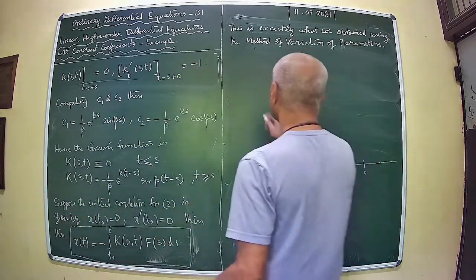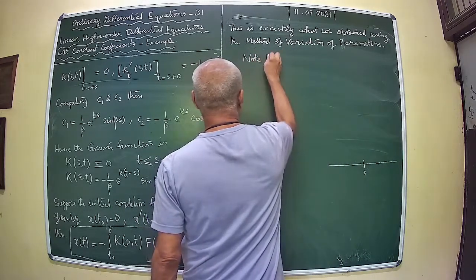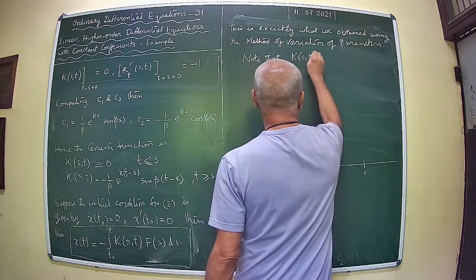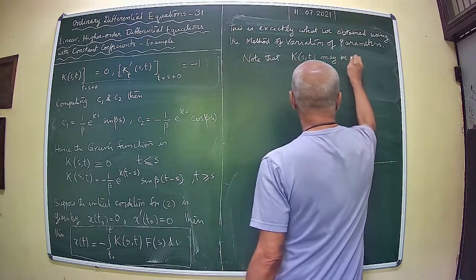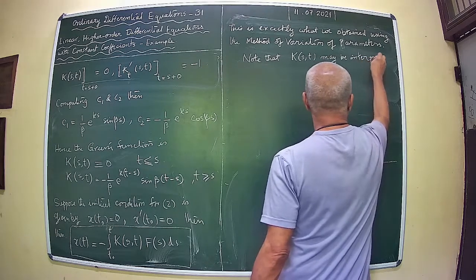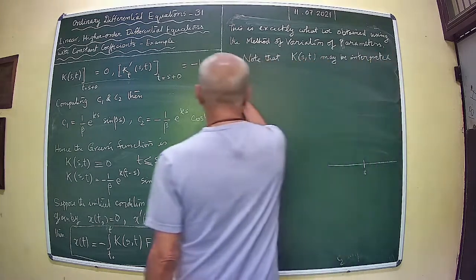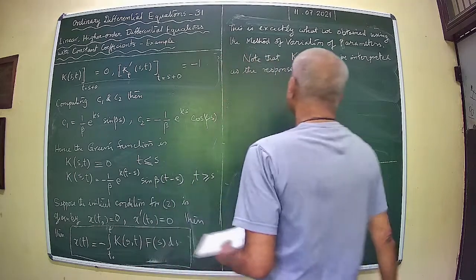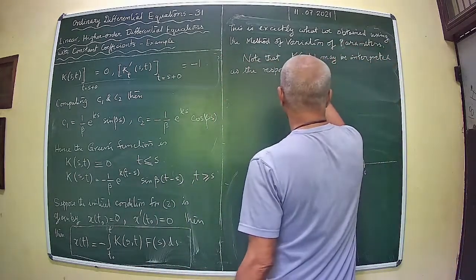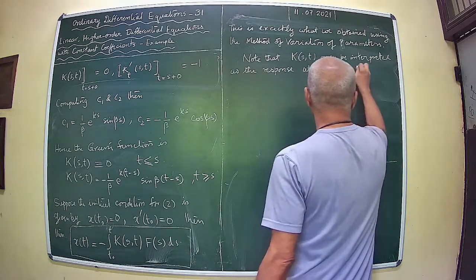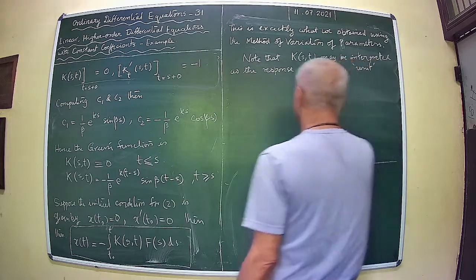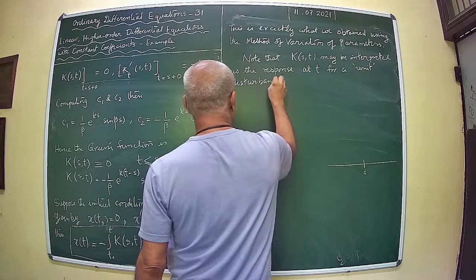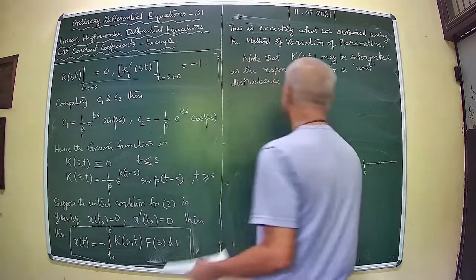So note that k(s,t) may be interpreted as the response at t for a unit disturbance at s.